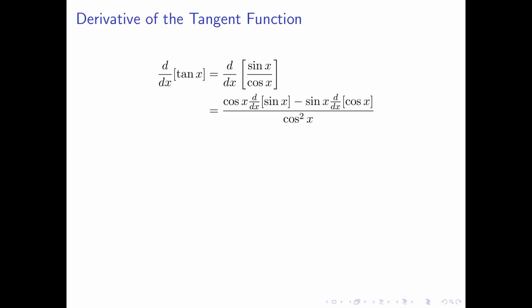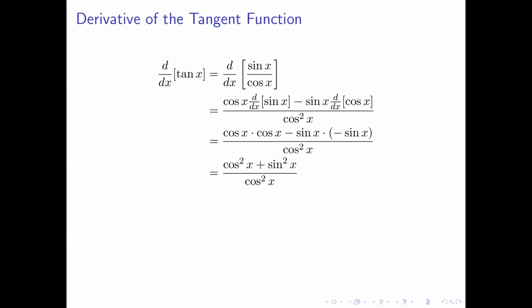The cosine of x times the derivative of the sine of x minus the sine of x times the derivative of the cosine of x, over the cosine squared of x. We know what the derivatives of the sine of x and the cosine of x are. The derivative of the sine of x is the cosine of x. The derivative of the cosine of x is negative sine of x. And with a little bit of algebra, we can rewrite those as cosine squared of x plus sine squared of x.